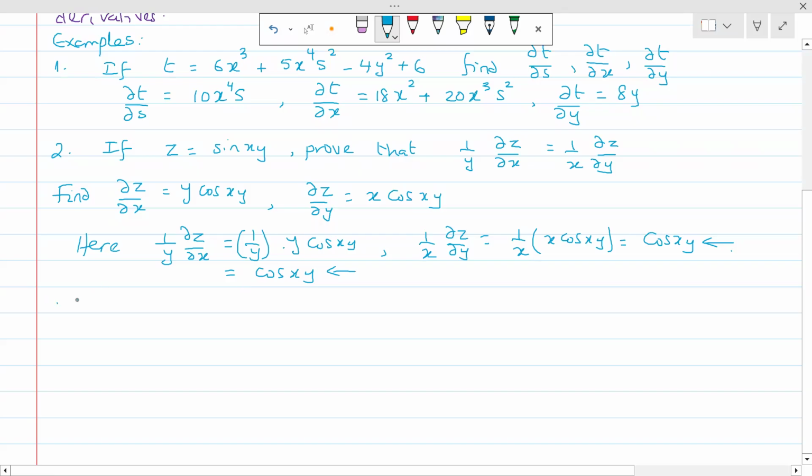Now let's look at this example for higher order derivatives. Show that when z equals e power minus t sine theta, partial 2z over partial t2 equals minus partial 2z over partial theta 2.